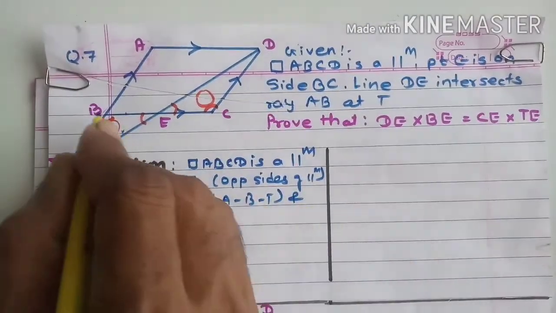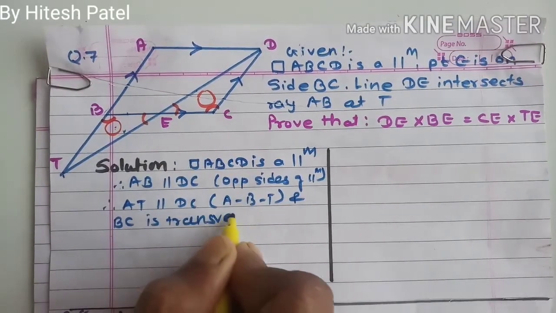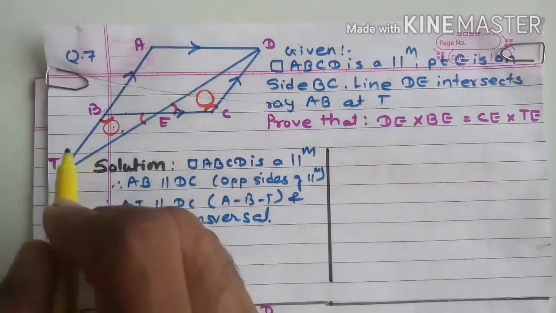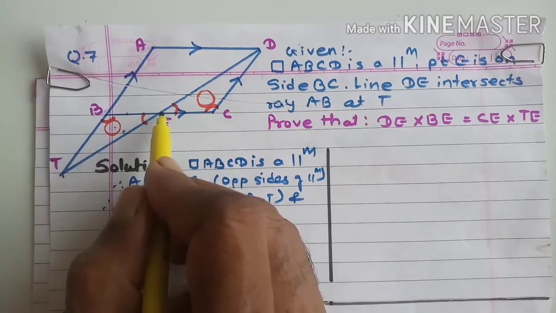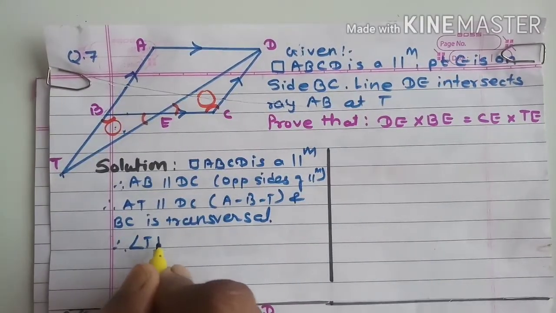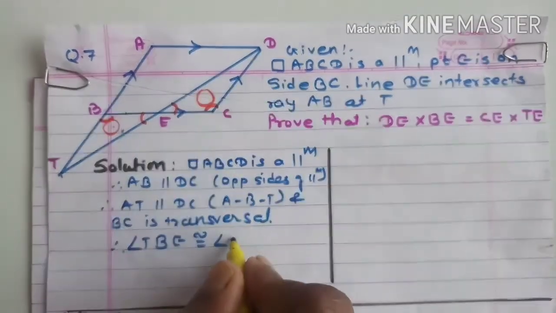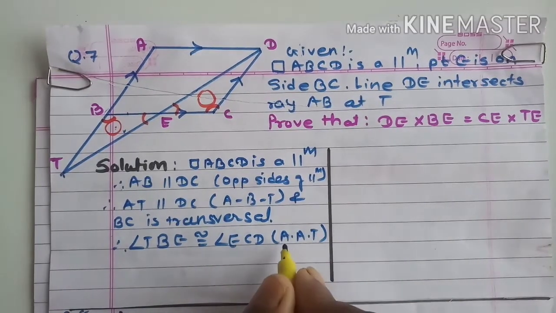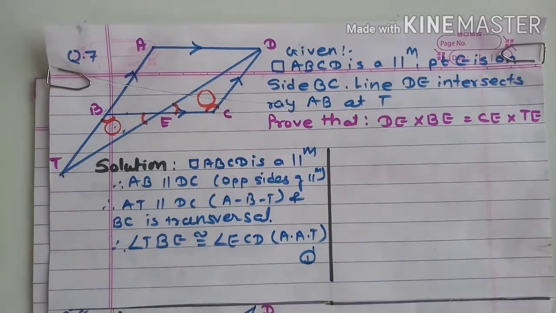And BC is a transversal. Therefore, which pair of angles is congruent? Angle TBE is congruent to angle ECD by alternate angle test, AAT, equation number 1.